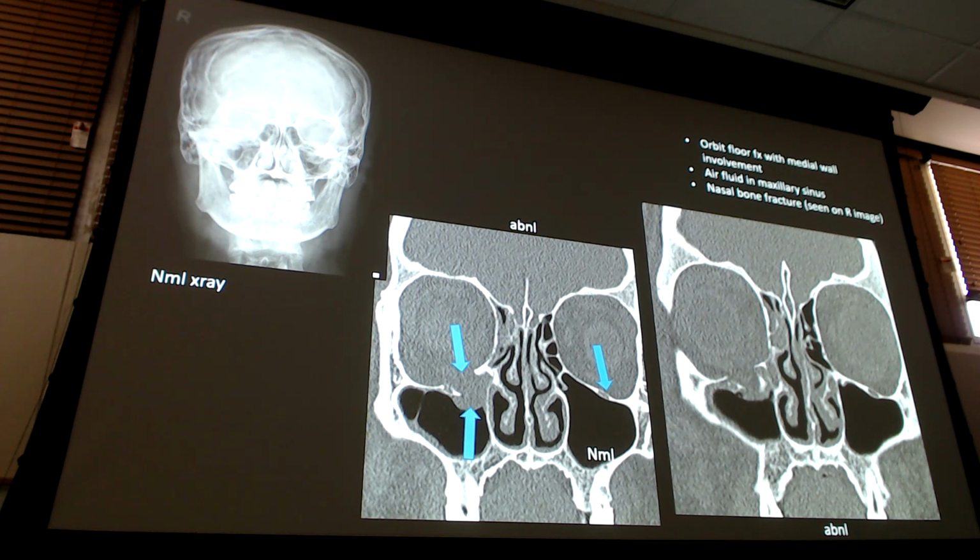The nice part about these CTs, especially when you do these additional slices, and what slice is this again? Good, coronal, is I can compare the two side by side. So I definitely have some excess fluid, probably blood, but don't know for sure, compared to the left side, because it should look the same on each side with the air of the sinuses, and it doesn't. This is why we do CT.